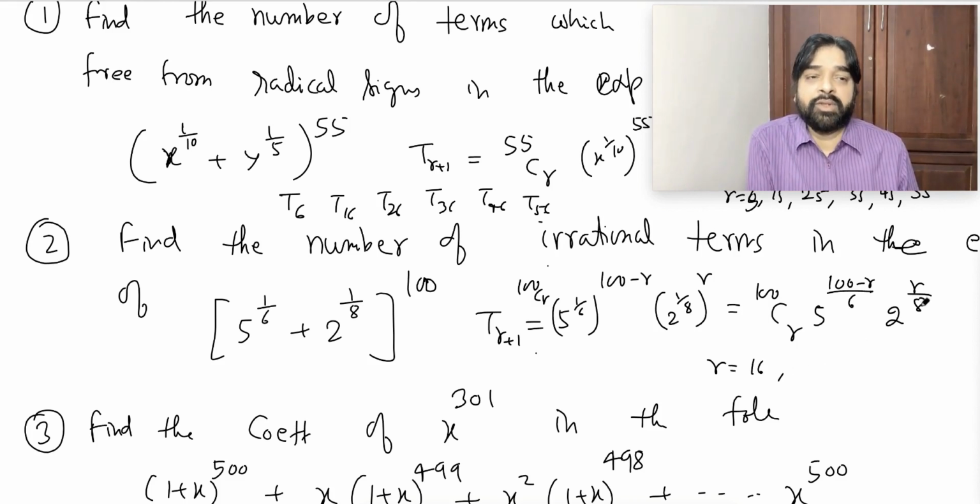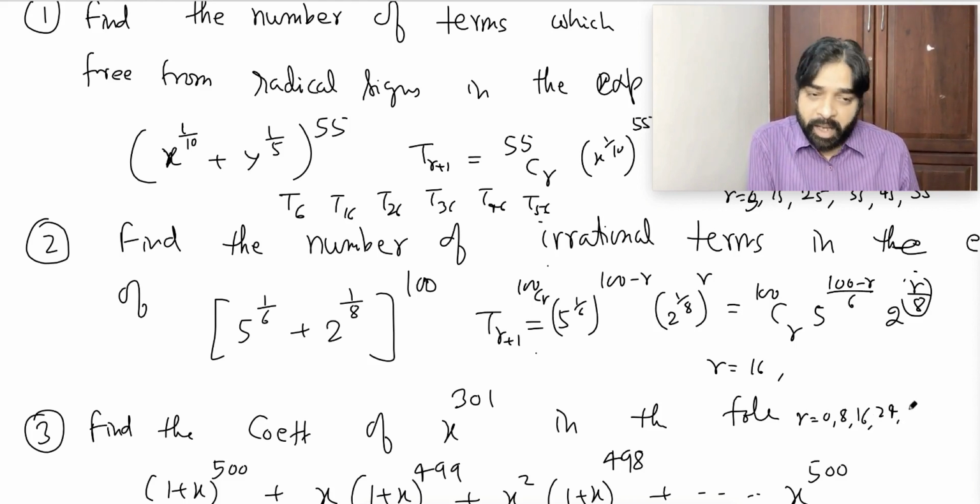r equal to next, 24. 100 minus 24, how much? I'm just concentrating on this term because this is the one we can easily concentrate on. This has to be an integer. So the possibilities are 0, 8, 16, 24, 32, 40, 48, 56 and so on.